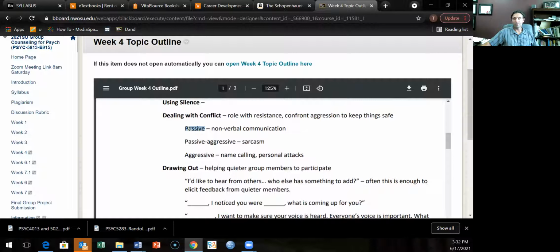If someone says something, and especially where we're at with Zoom and seeing all these faces together, if you see an eye roll and a sigh, that would be time to pay attention to the here and now.